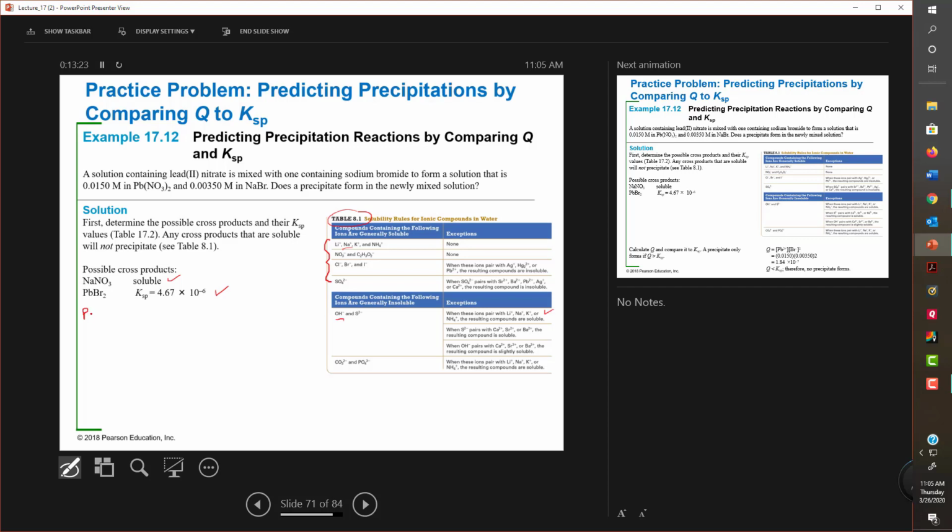lead(II) nitrate reacts with sodium bromide, and then forms the solid lead(II) bromide, plus sodium nitrate, which we're not really interested in.